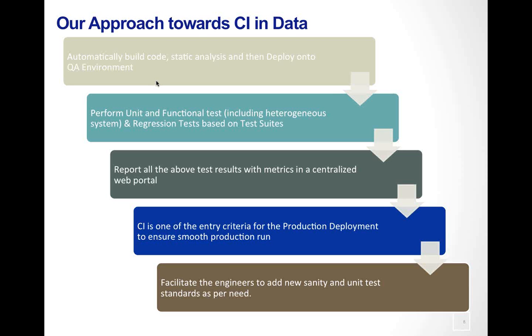Apart from that, the framework also gave engineers the flexibility to add any amount of sanity or unit test case standards as per their need, customize them, and run them per team. So it's not the same set of test cases that had to be run across all teams, but it could be customized and maintained at team level.